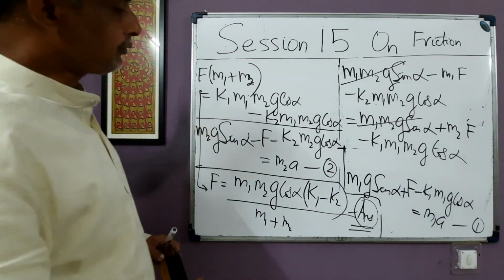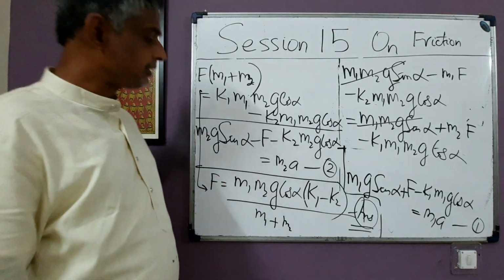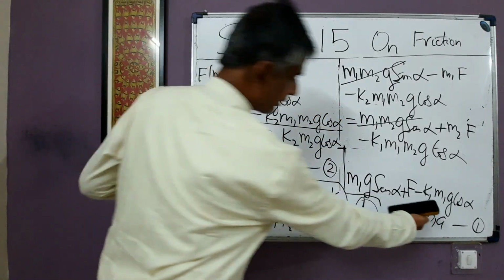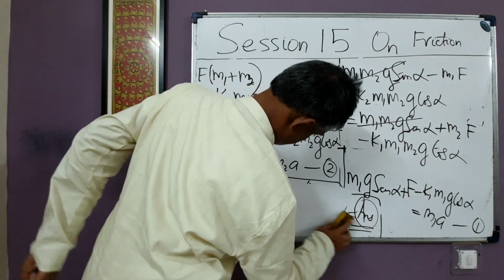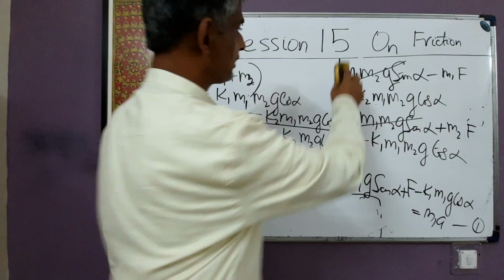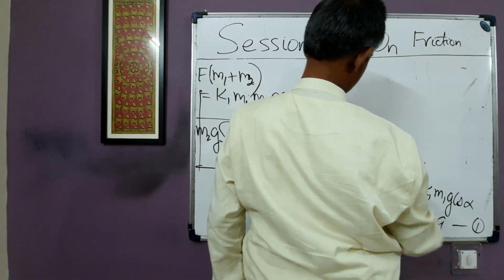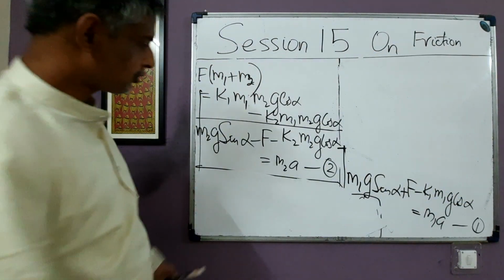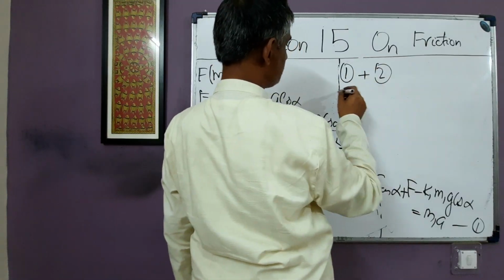Now the second part: we have to find the minimum value of angle alpha so that the two blocks begin to slide down. Now I rub all the other portions, leaving equation 1 and equation 2. In the second part, I add the first and second equations.